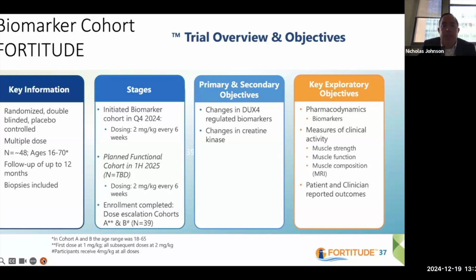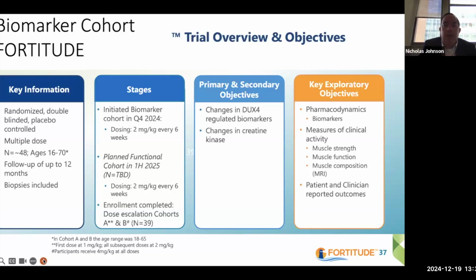So based on their initial findings, which were, I think, a bit of a surprise, they added this additional cohort called a biomarker cohort. And that cohort is being enrolled at this moment with the dosing 2 mg per kg every 6 weeks. And it's essentially to prove whether or not that biomarker still works in a bigger group.